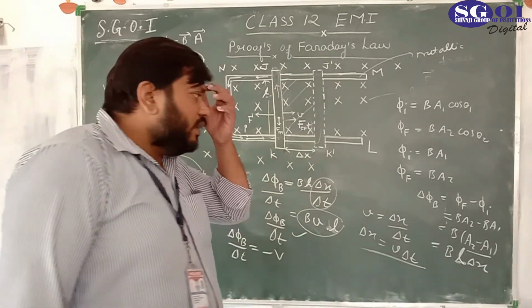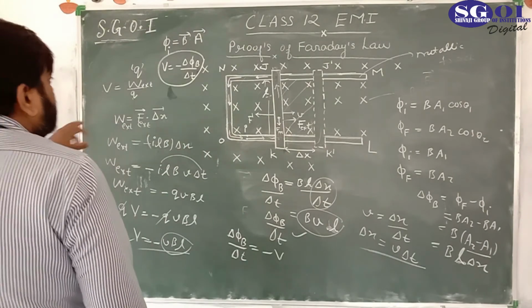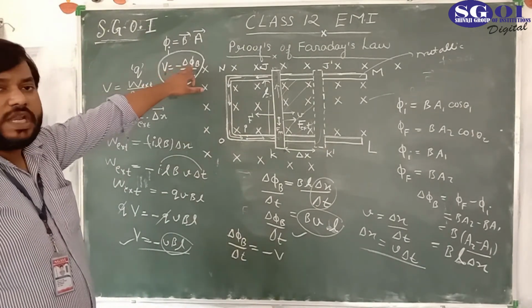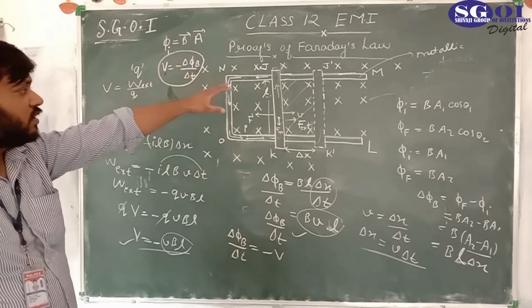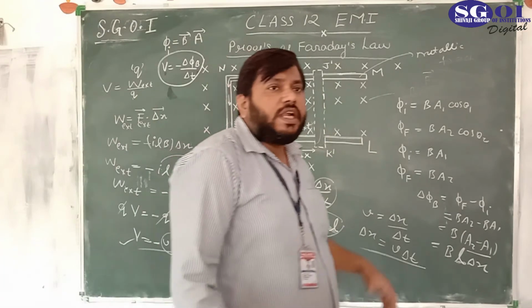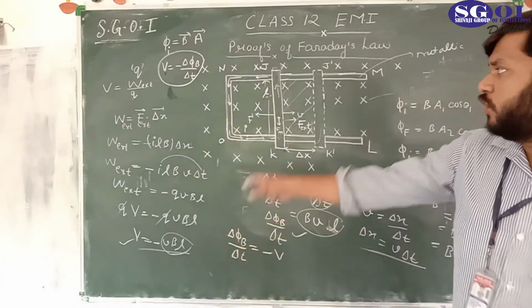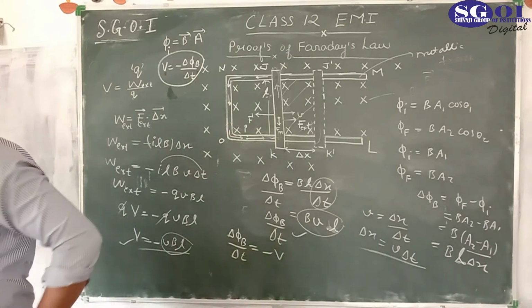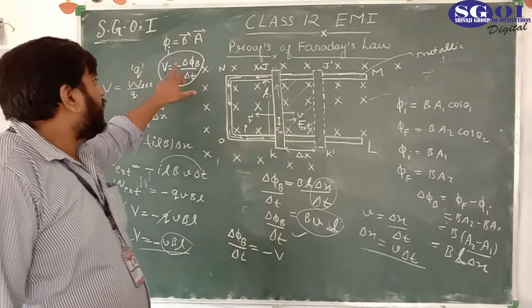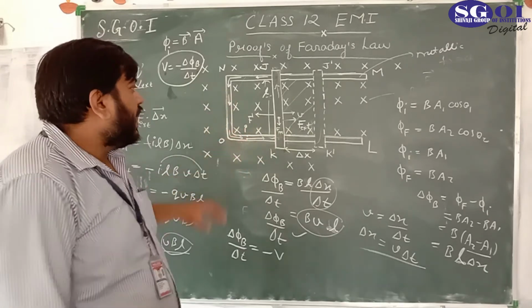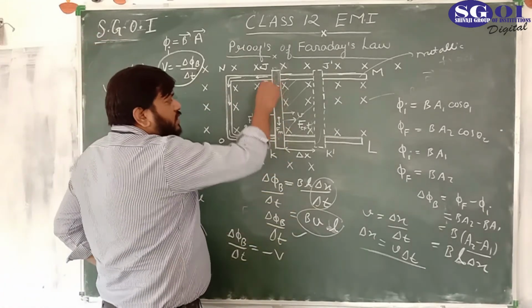This is the final result, and this is the EMF induced, which is equal to the negative of the rate of change of magnetic flux linked with this particular area. This is the Faraday law, and the negative sign indicates that the EMF induced is opposing its own cause of production, and the EMF is induced because of this motion.